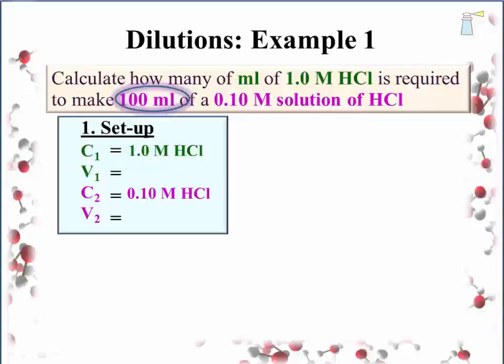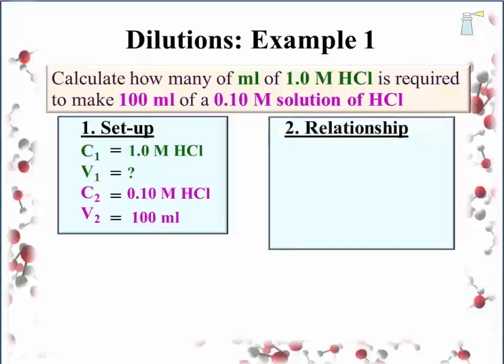Which concentration is it attached to, C1 or C2? Yes, it is C2. So we add the value to V2. All that is left is V1. Is its value given? No, it is what the problem asks for. A question mark designates it as an unknown.